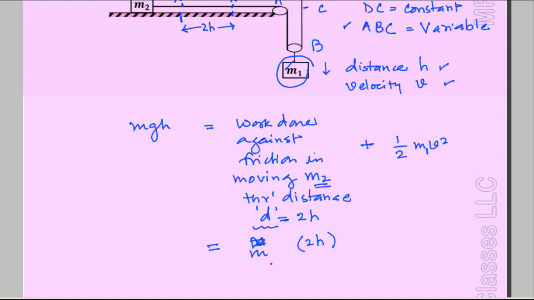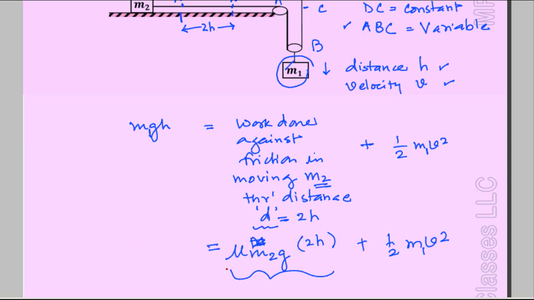So M2 is the mass, so M2 times g is the weight, and the same is going to be the normal reaction. Friction is obtained by mu N, which is mu times M2 times g. So this is going to be the work done against friction plus 1/2 M1 v square. Again, here mgh will be actually M1 gh because the mass involved is already given as M1.